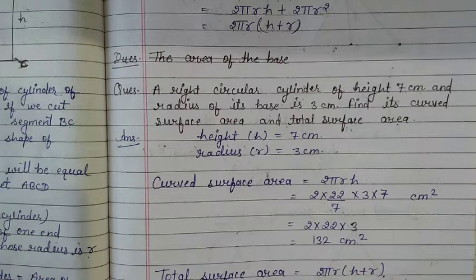Firstly, we have to recall the formulas: curved surface area of a cylinder equals 2 pi r h and total surface area of a cylinder equals 2 pi r (h + r).